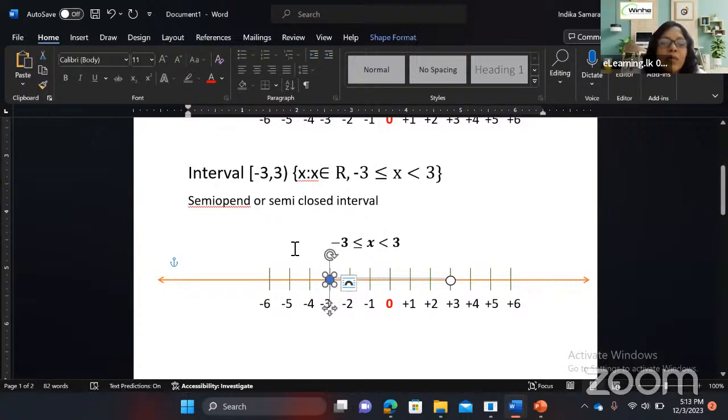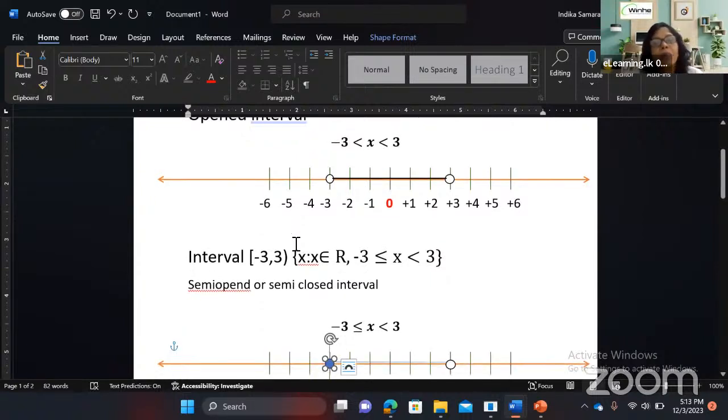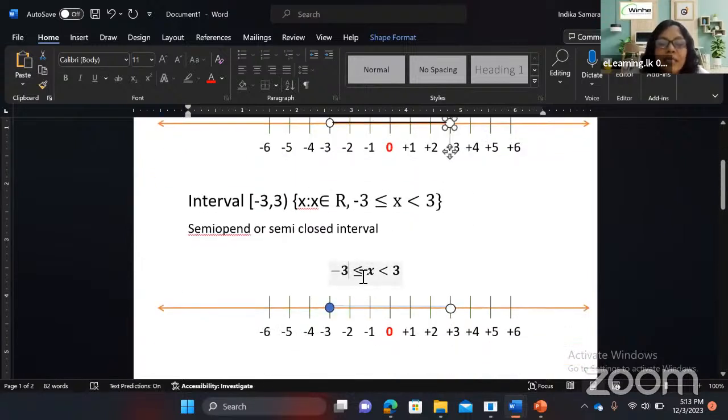Earlier, when there was no equal sign, we represented the point as an empty circle. When there is an equal sign, we represent that point as a colored circle.